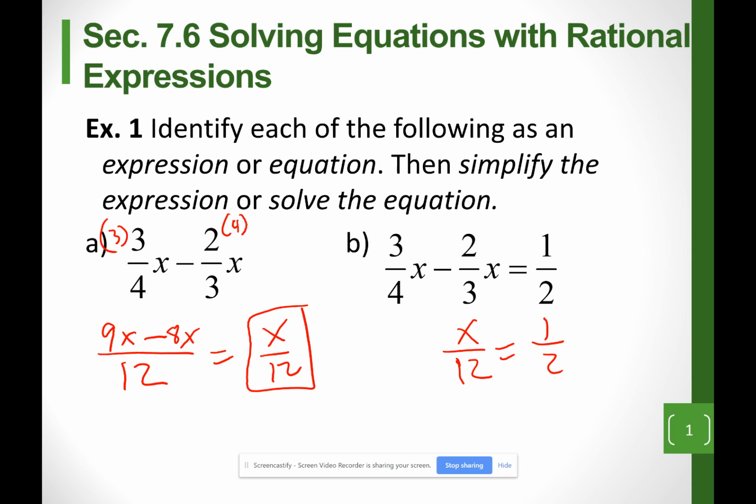Now, in this case, I'm looking at my least common denominator, which is 12. I'm going to multiply both sides by 12. I'm going to get rid of fractions.